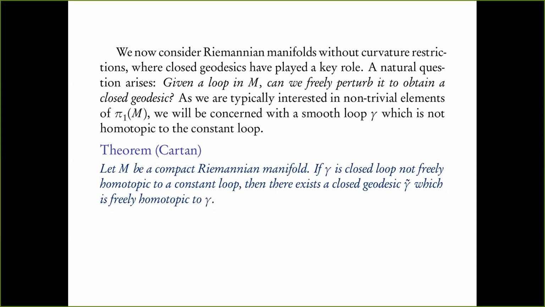A loop is automatically closed, so I shouldn't have said closed loop. If you start with a loop which is not homotopic to the constant loop, then I can find a closed geodesic gamma tilde which is homotopic to gamma. I hope the statement is clear. Are there any questions or clarifications?